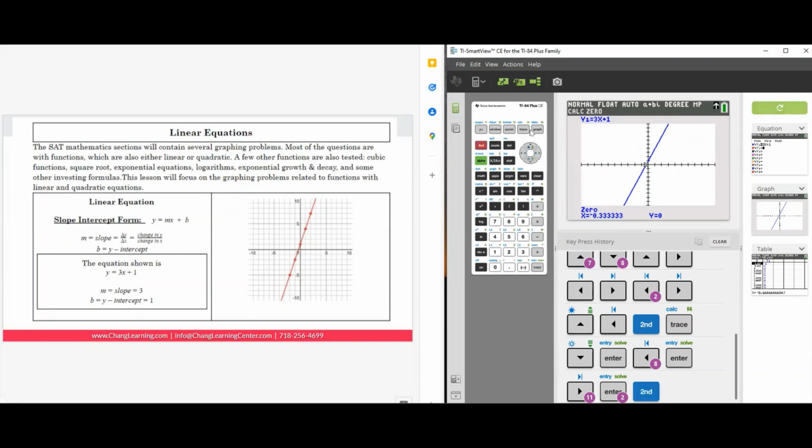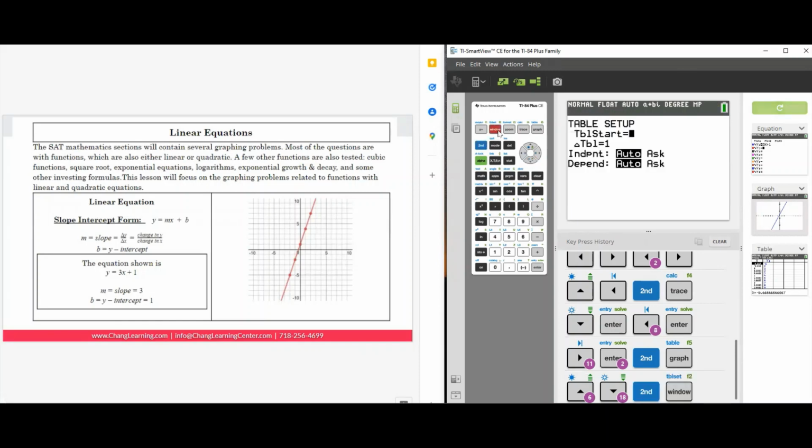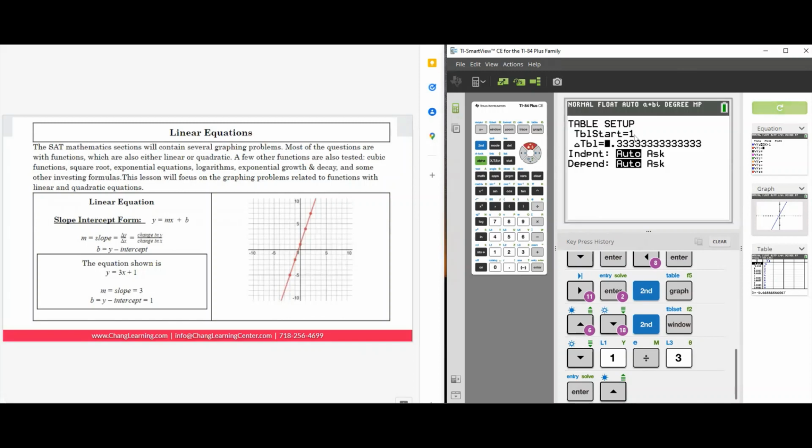But if I go back to the table, you can see that the graph is set so that it's on increments of an integer. So you can go second table setting, and instead of having the table change be 1 unit, you can change that to 1/3. And make sure the starting value is, we can make the starting value 1.